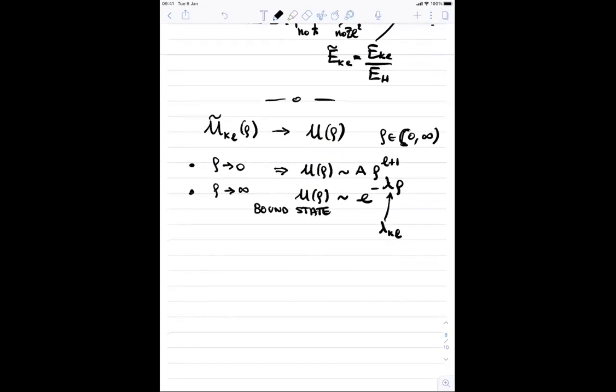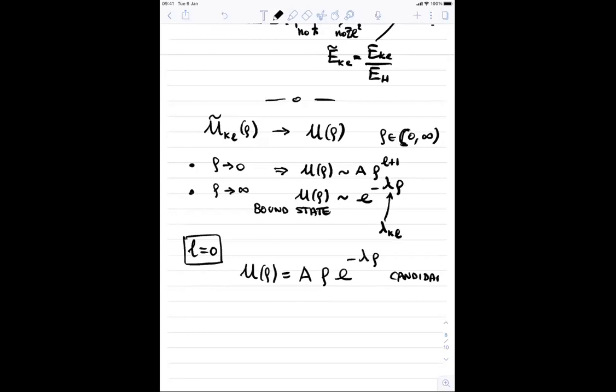Let's put L equals 0. So let me write a function which satisfies these two criteria. For rho going to 0, it goes like rho, because for L equal to 0, I have L plus 1 equal to 1. For very large distances, I have the exponential, so I put e to the minus lambda rho. This is my candidate function.